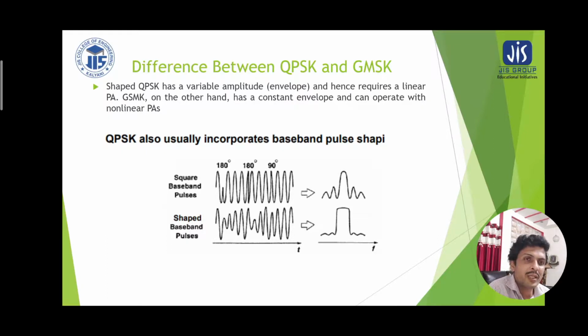And more than that, if we go for the minimum shift keying, then we are getting signals having most of the power concentrated in the major lobe, and here the shaped baseband pulses are utilized for GMSK, where the major lobe has been greatly influenced by the concentration of the power, because here we are seeing the side lobe is reaching very small magnitudes.